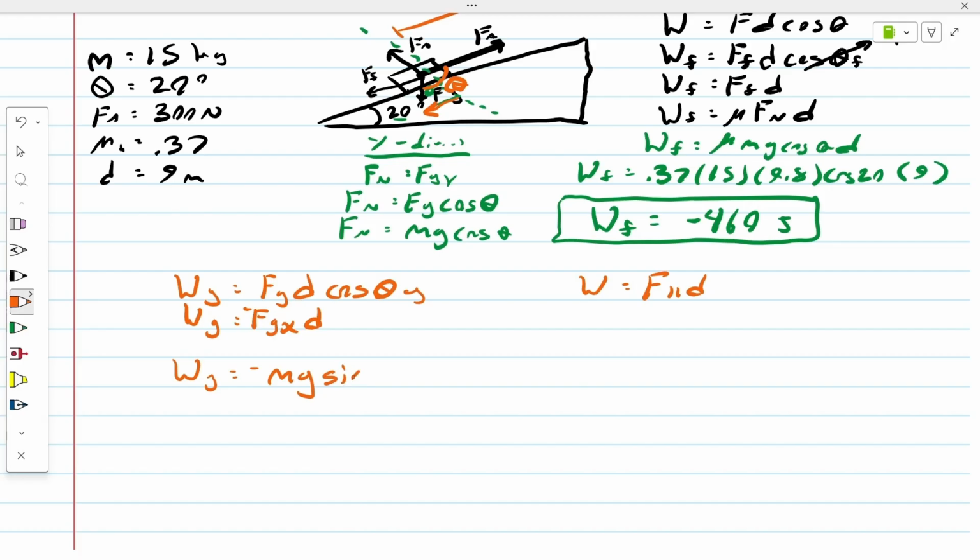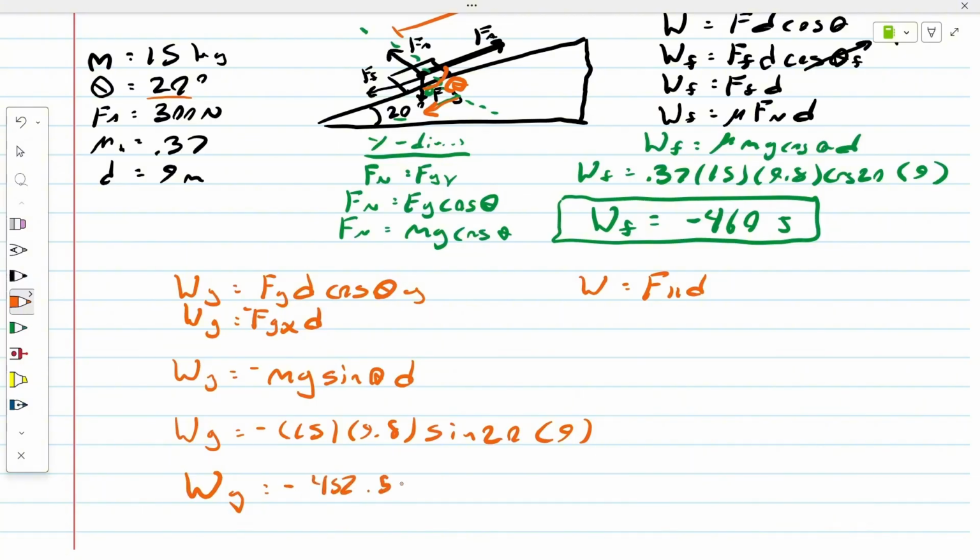So it'll be sine of theta, and then times the distance. This theta is still the 20 from up here, and we didn't have to find any weird angles. Now we can plug in all the values that were given. Sine of 20 times the distance of 9. And so the work due to gravity is going to be a negative 452.5 joules.